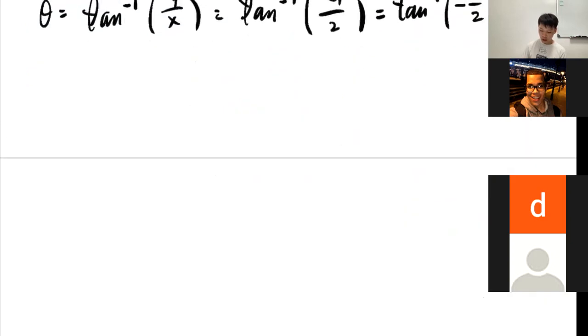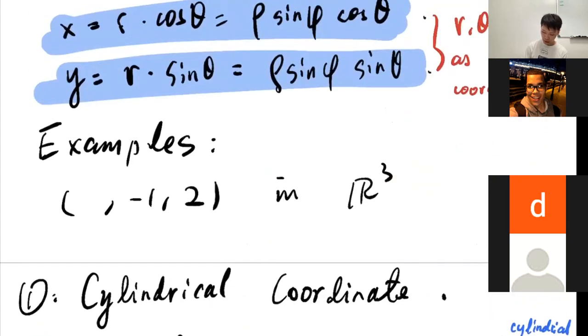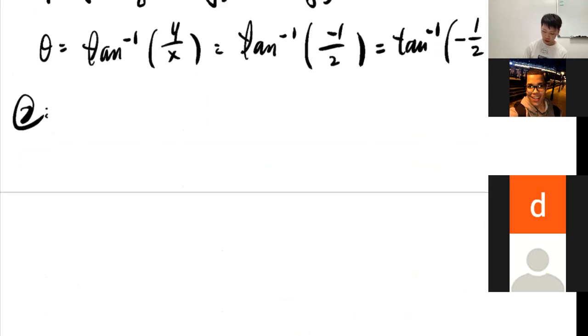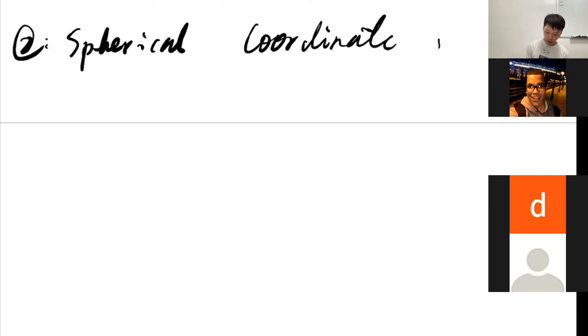Okay, so now we finish our business in cylindrical coordinates. How do we do it in, let's change that to spherical coordinates. Okay, so the easiest coordinate to determine is the rho. That is the distance between the point and the origin.